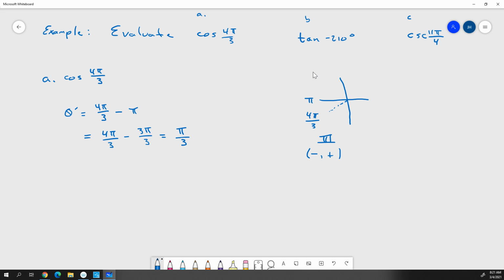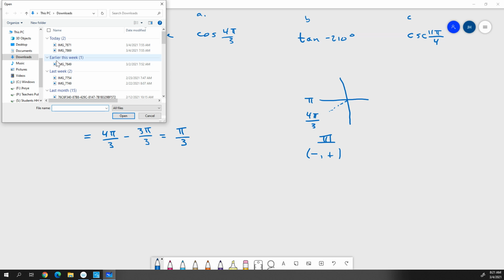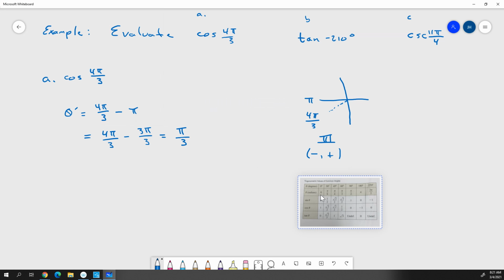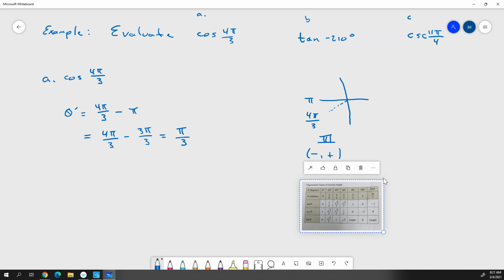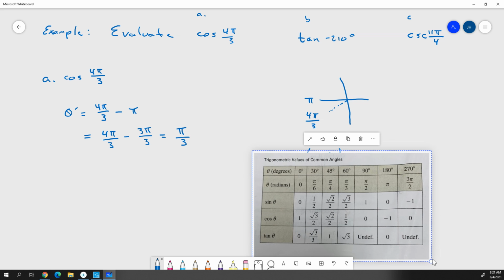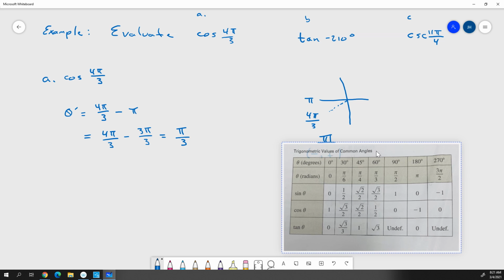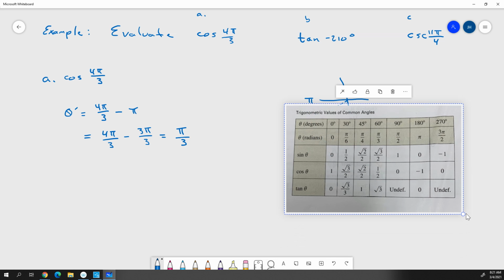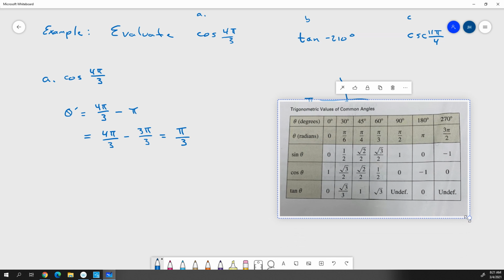Now, I put into your PowerSchool a photograph of different trig functions. I'm going to put it up in here too. Let's see if I can make it big enough for you to read. It's just the trigonometric values of common trigonometric functions at your main points, right?